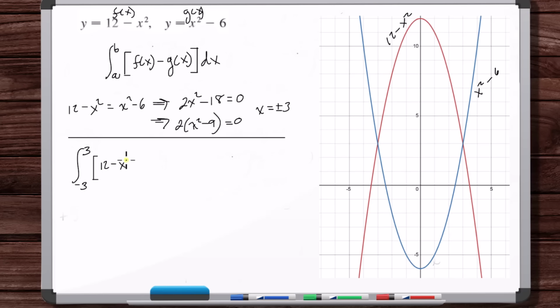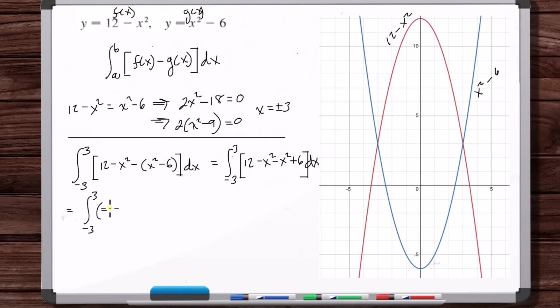So 12 minus x squared minus x squared minus 6, which is 12 minus x squared minus x squared plus 6, dx. So minus 2x squared plus 18.